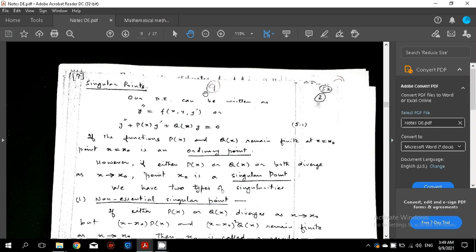You will see the separation of variables with respect to the Cartesian coordinates, with respect to the cylindrical coordinates also.